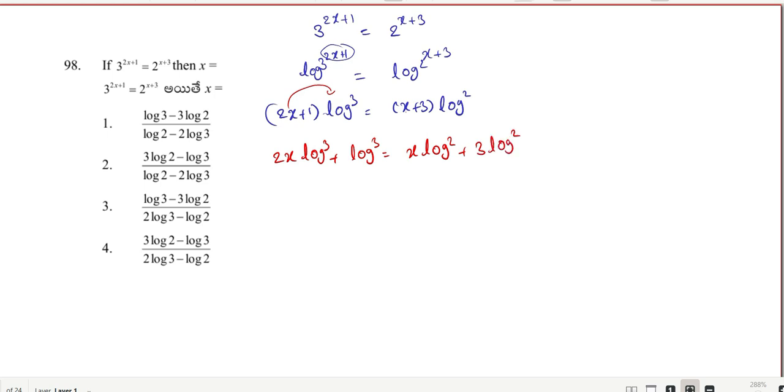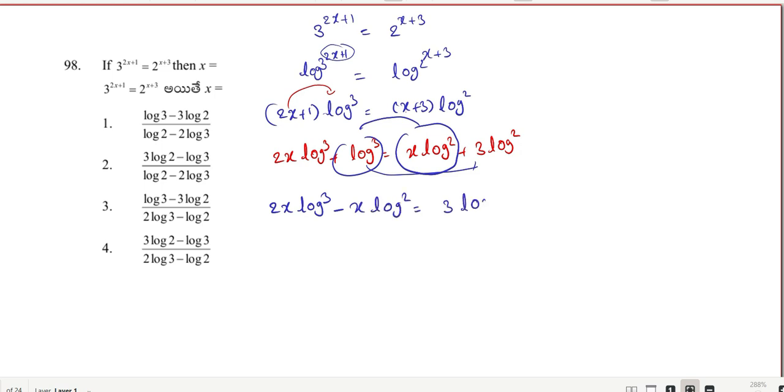We need to find the value of x, so I'm going to transpose the x term to one side and log 3 to the other side of the equation. So 2x log 3 minus x log 2 gives you 3 log 2 minus log 3.